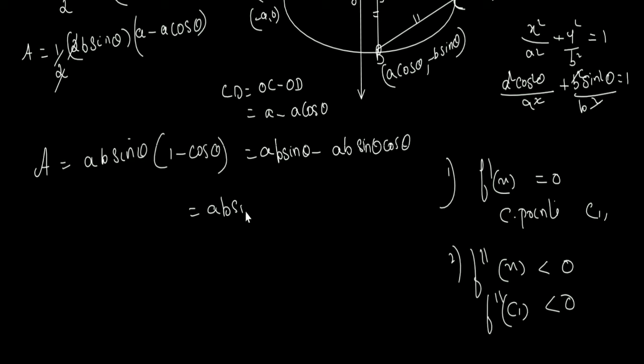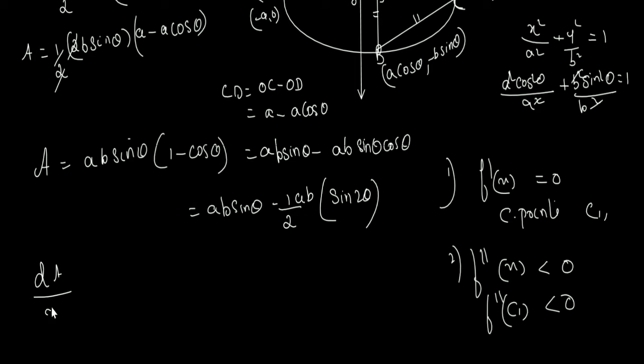AB sin theta, multiply and divide by 2, that will give you 1 by 2 AB, 2 sin theta cos theta, which gives sin 2 theta. Okay, now you can differentiate.